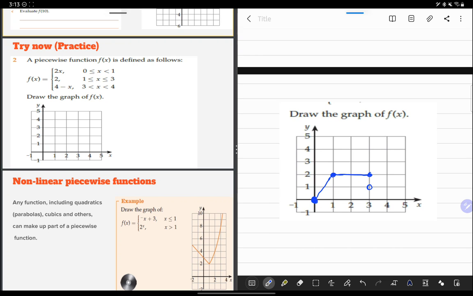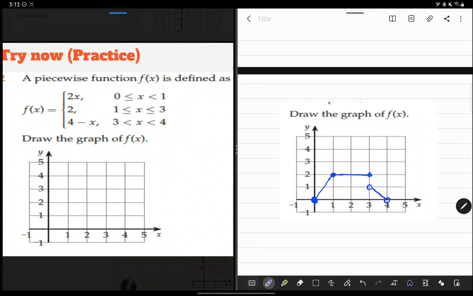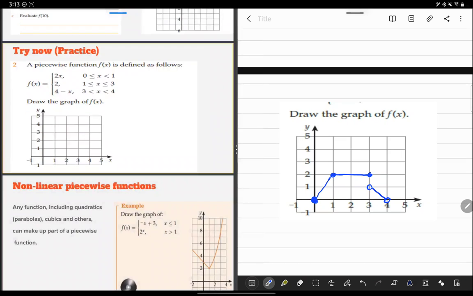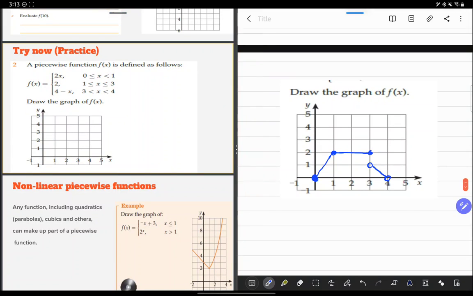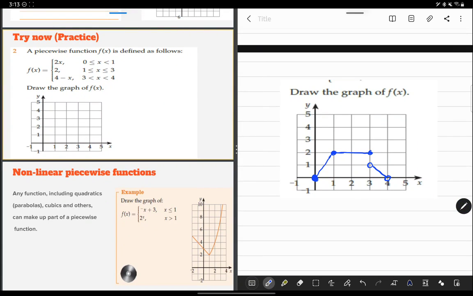And I know that if it's 4, it should go here. Now again, that's an open empty circle, because if you look at the question here, we know it doesn't actually include x equals 4. It gets up to it, so less than 4, but doesn't actually include when x is equal to 4. So I have to leave it like that. And that's the graph. So it's 3 graphs stitched together with allocated regions.